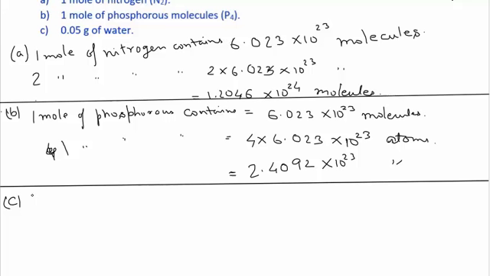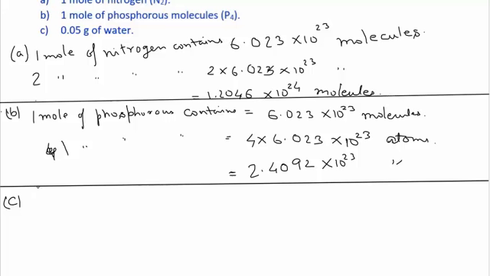Now we'll solve the third sum, where the question is: calculate the number of atoms in 0.05 gram of water. We know the gram molecular weight of water is 18.